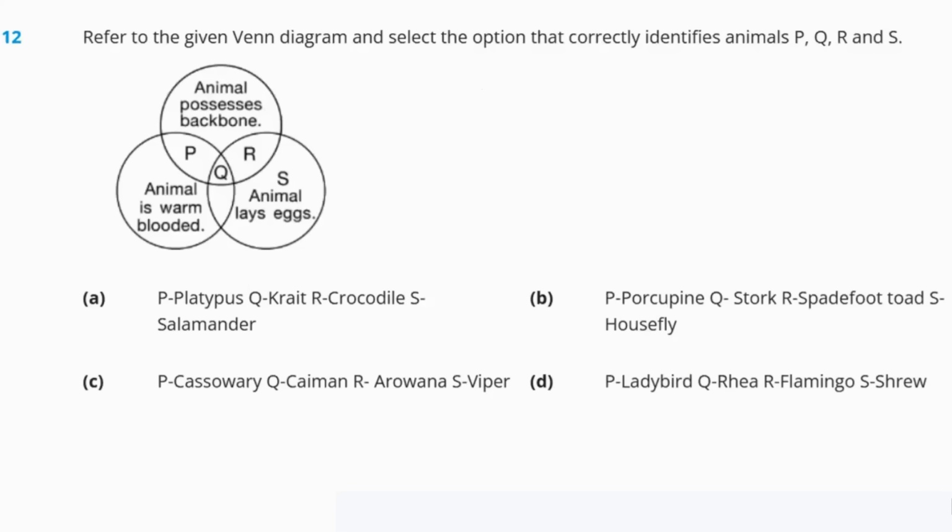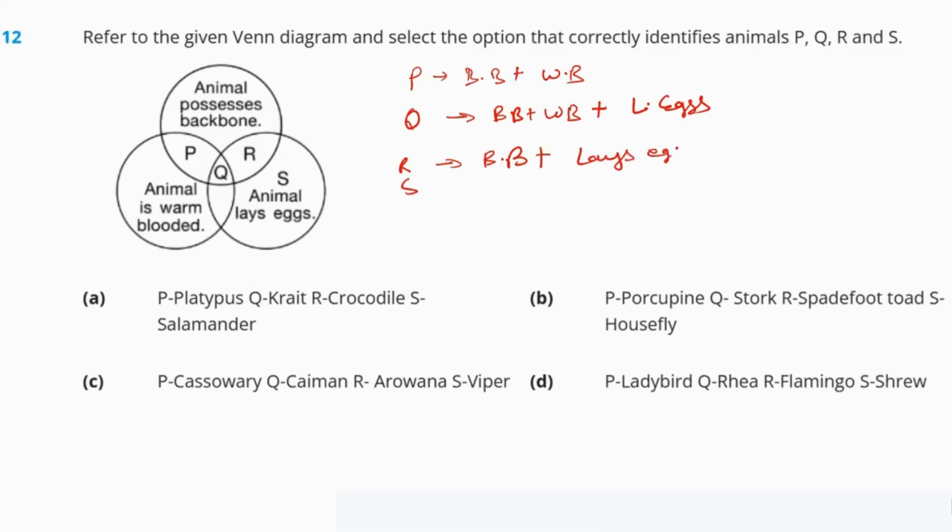Okay, coming to question number 12 here. Again I will write down P, Q, R, S. P says it has backbone plus it is warm-blooded. Q is backbone plus warm-blooded plus lays eggs. R is what? It has backbone plus it lays eggs. Right? And S is lays eggs only. Okay, everyone. So here P would be a mammal. Who are the warm-blooded animals?